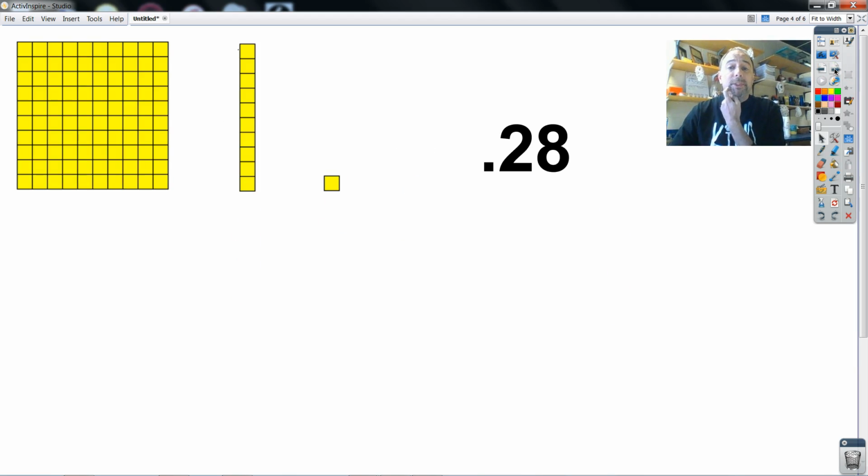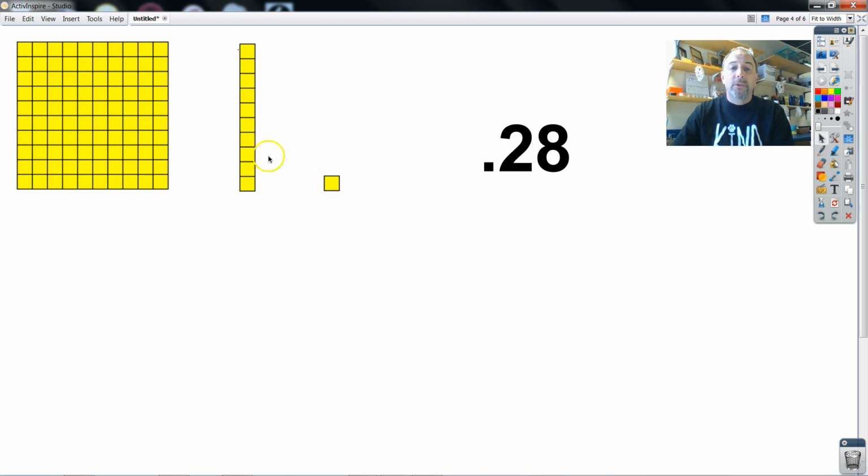Let's look at our first example today. And what we're going to do is build a concrete representation of our cute little decimal fraction, this guy right here, 0.28. No, it's not 0.28. It is 28, place value, hundredths. Okay? So, how many tenths do I have?